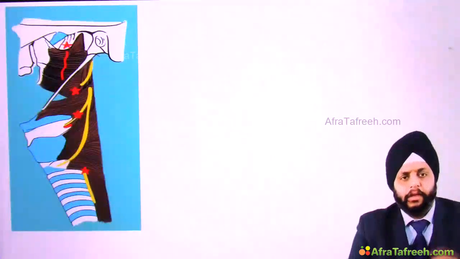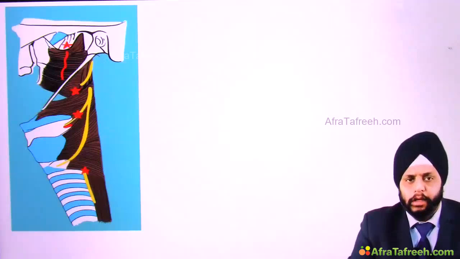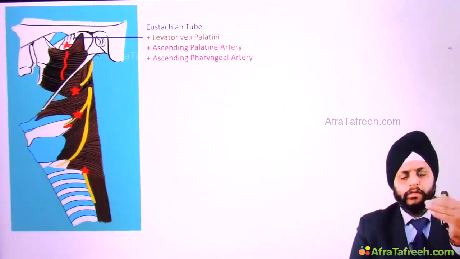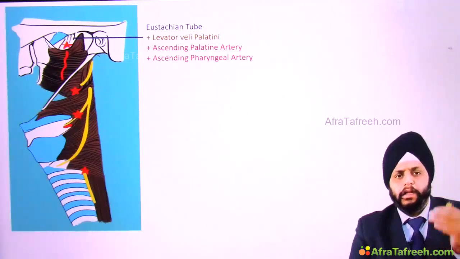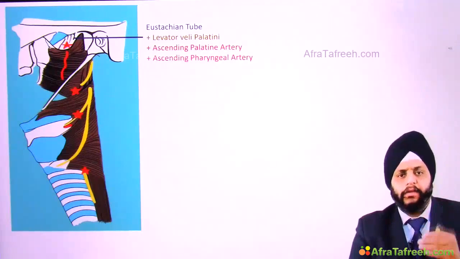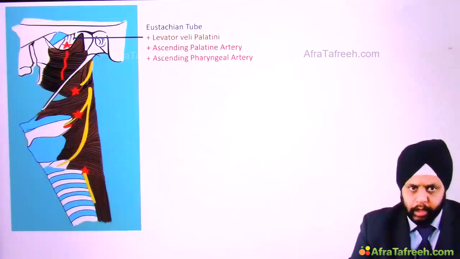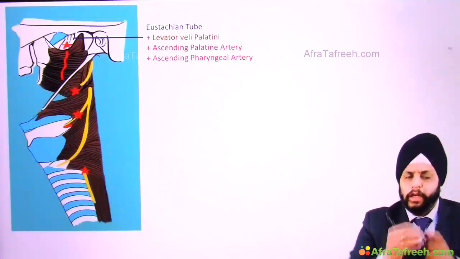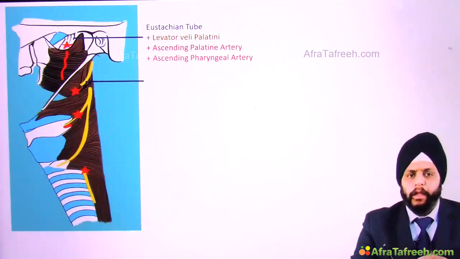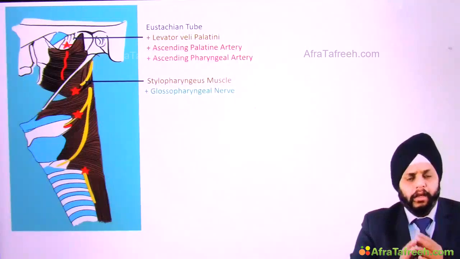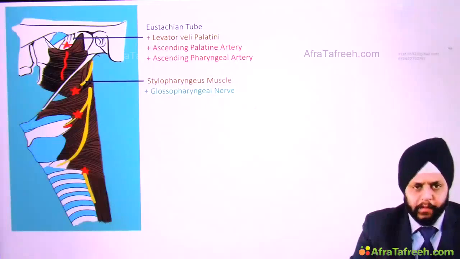As I discussed, above the superior constrictor, we have 4 structures: eustachian tube, levator veli palatini, ascending palatine artery and ascending pharyngeal artery. Between the superior constrictor and middle constrictor, we have the stylopharyngeus muscle and the glossopharyngeal nerve. So this we have discussed.